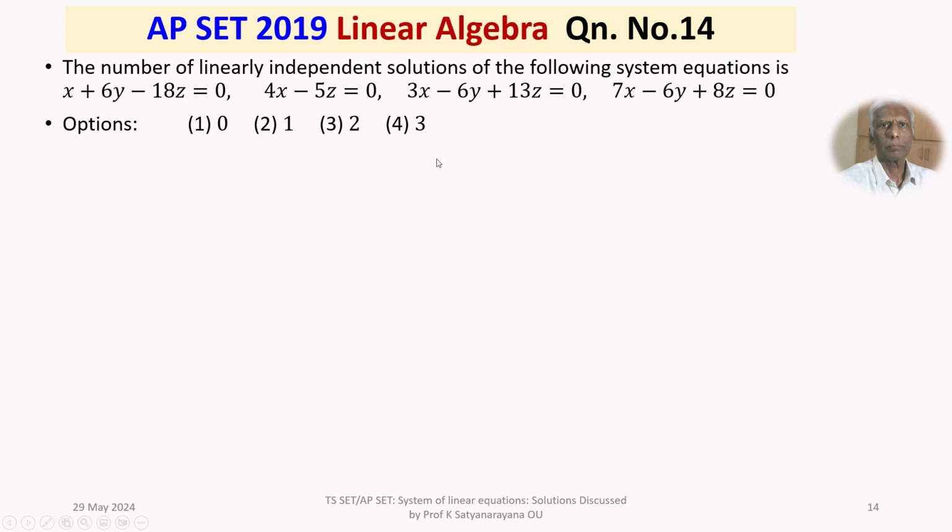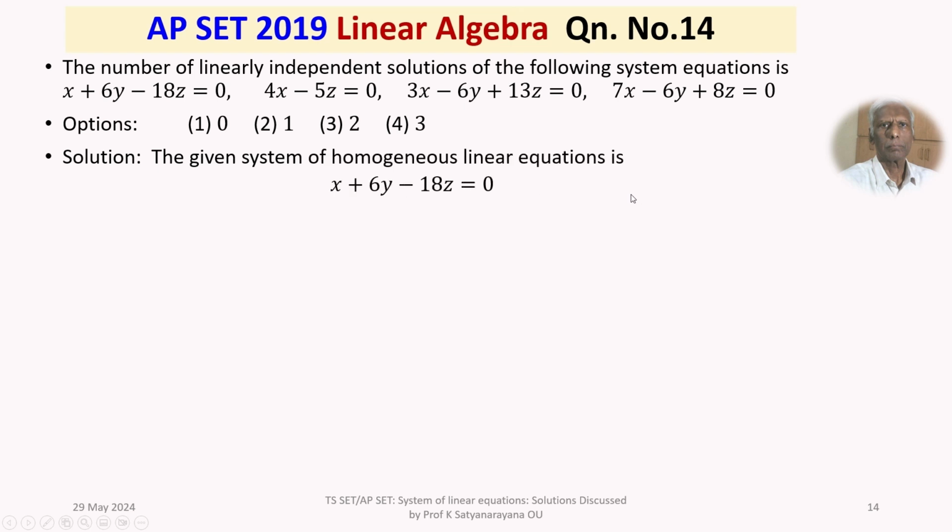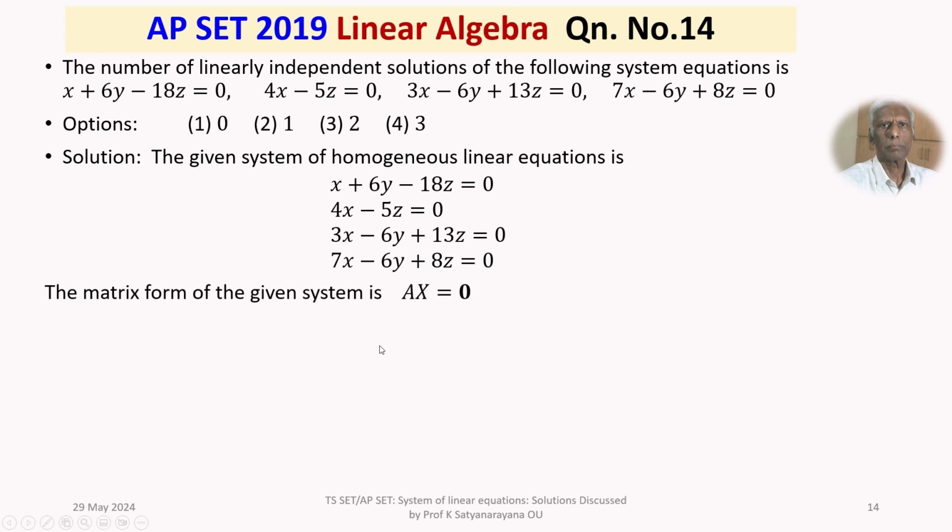We are given 4 options: 0, 1, 2, 3. Solution. The given system of homogeneous linear equations is the first equation, second equation, third equation, fourth equation. Let's now write down the matrix form of the given system.